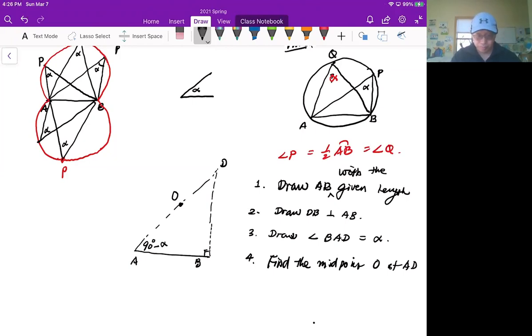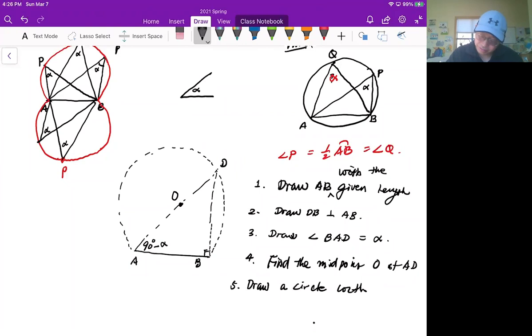And then from the midpoint, I'm going to draw a circle, right? So we're going to get a circle like that. So that will be the circle, and then we're done. So draw a circle, actually part of the circle, with AD as a diameter. And then we are done.